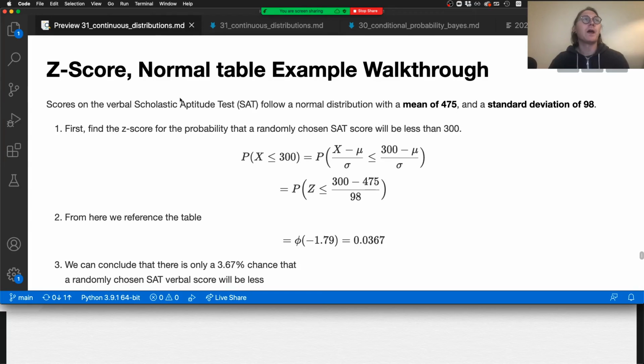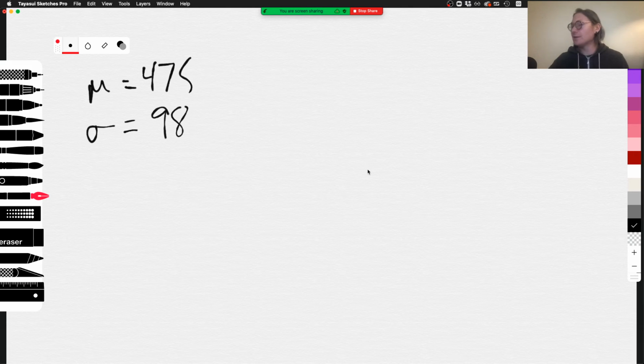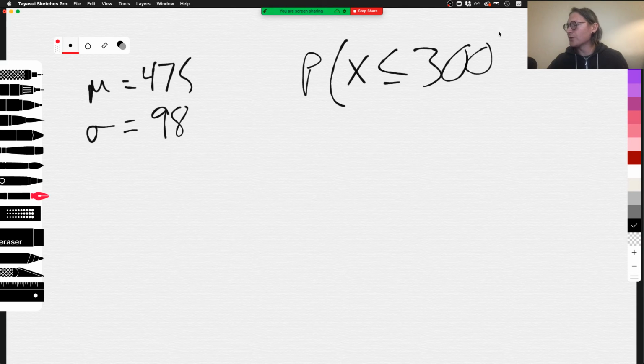Okay. So the first thing we're going to do is find the z-score. And all we do here is we subtract from the value we're looking for, we subtract mu. So we're trying to get the probability that x is less than 300.